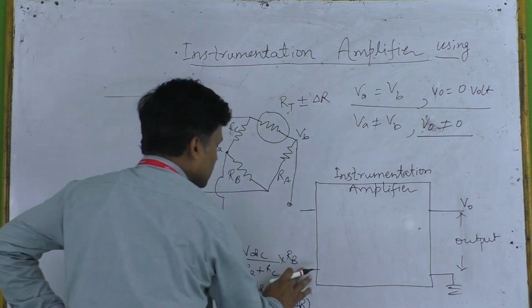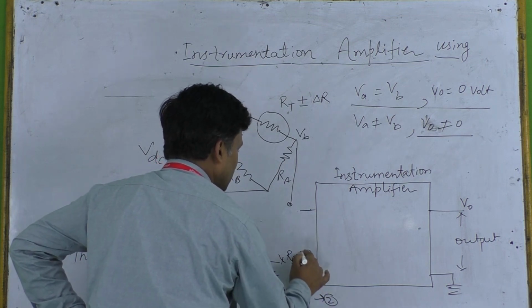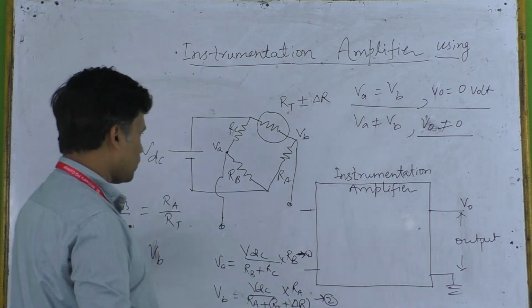So these are the two expressions, equation number 1 and equation number 2. We have the value of VA and VB in the unbalanced situation.